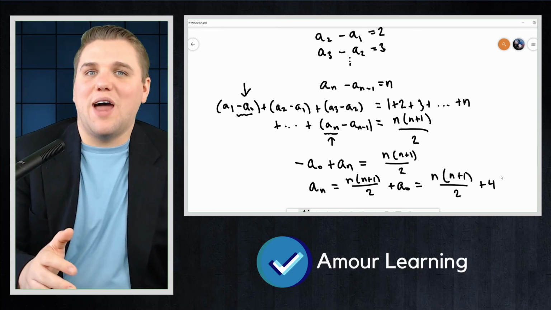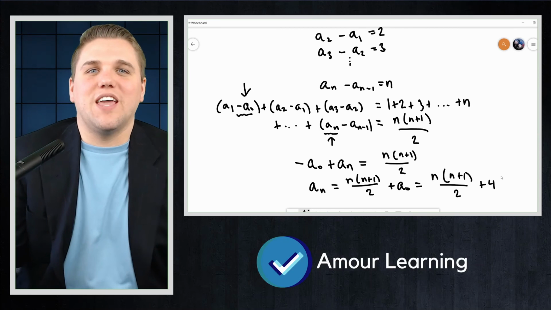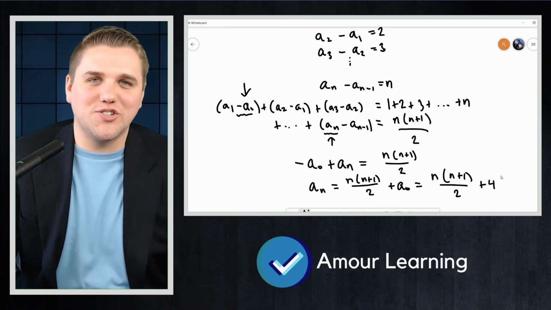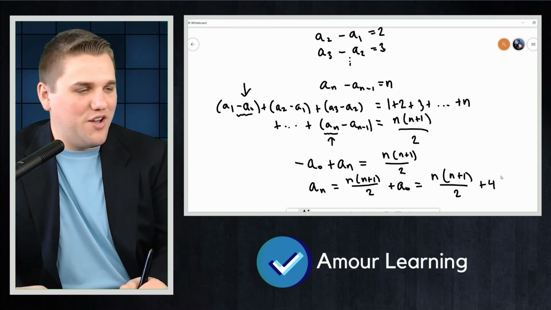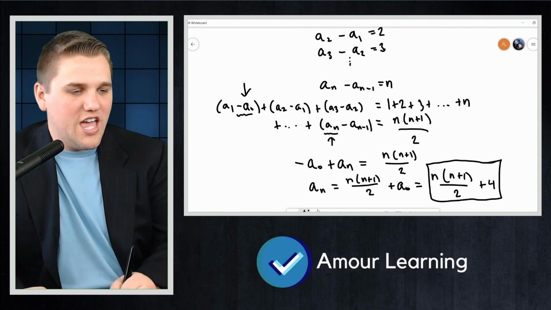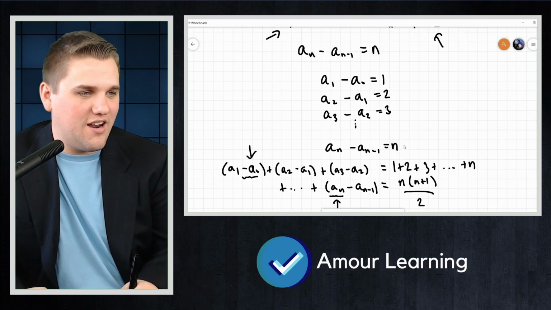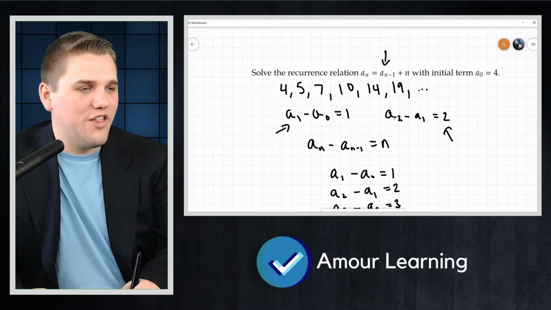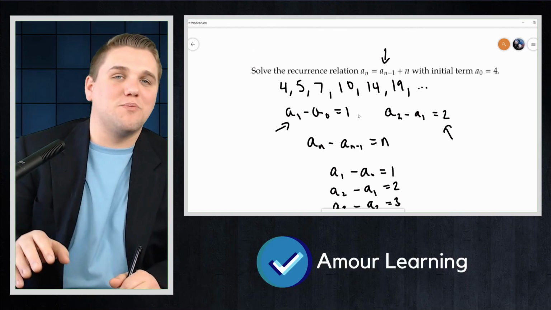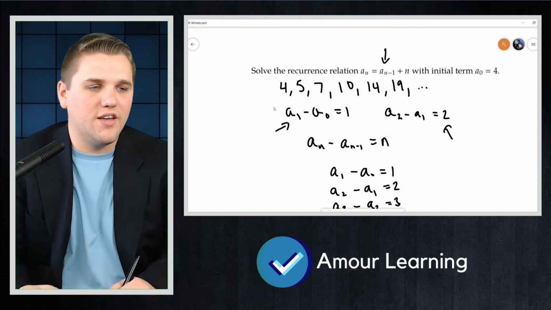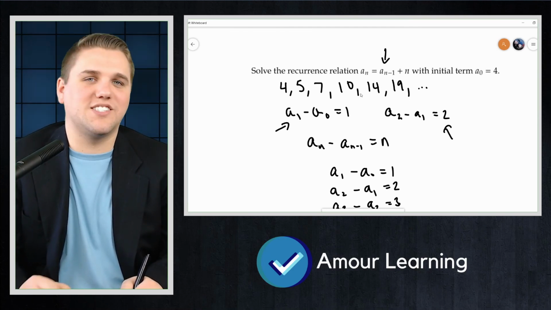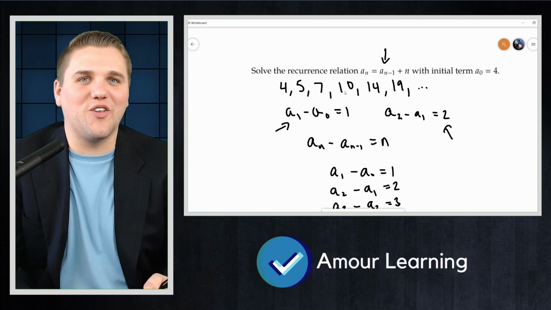Now that we know that, we should notice that the sequence is the result of adding 4 to each of the triangle numbers. If you had noticed that, you would have been able to guess that a_n is just that. That's the closed formula. The terms 4, 5, 7, 10, 14, 19 are just 4 more than 0, 1, 3, 6, and so on, which are the triangle numbers.